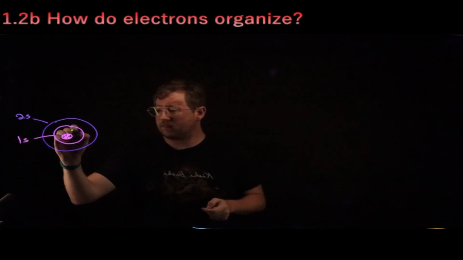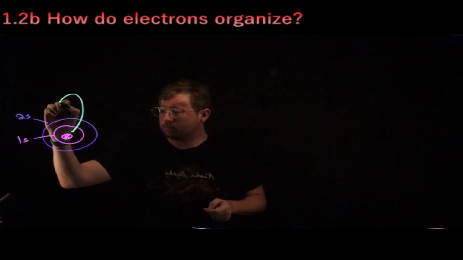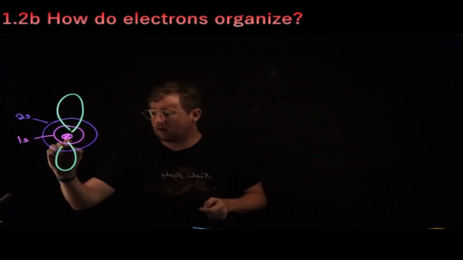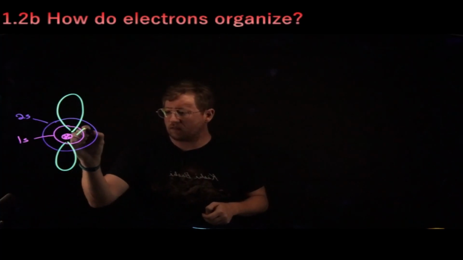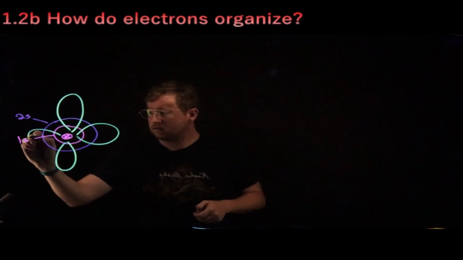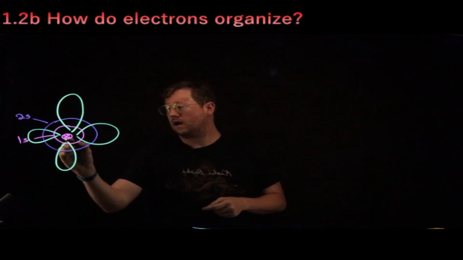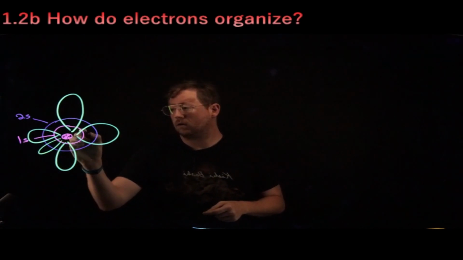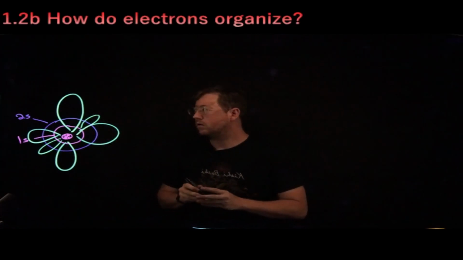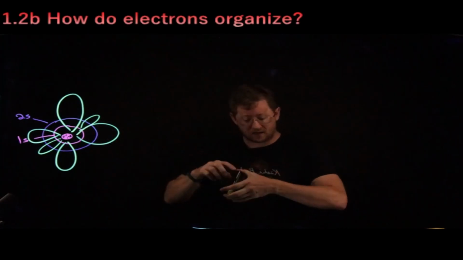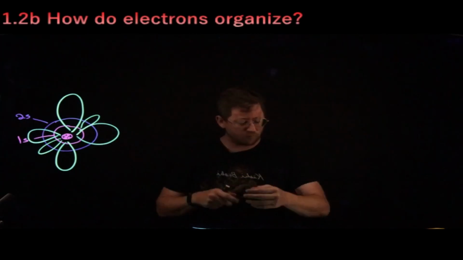We're going to have one that is up and down. We're going to have one that is this way and this way. And then the third one is going to extend out of the atom in a forward-facing direction.